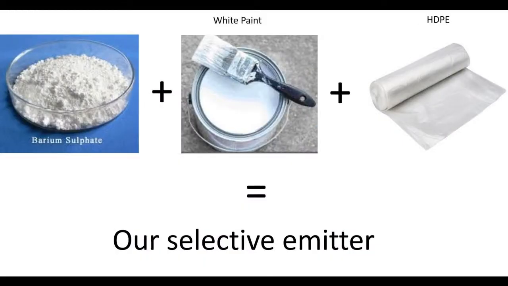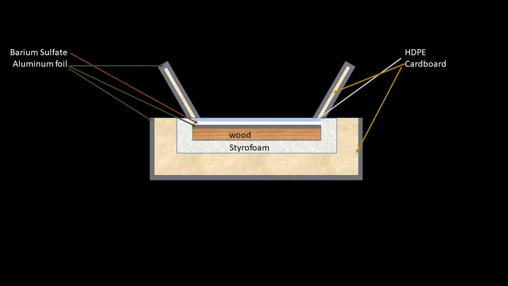We painted the lower side with our selective emitter, barium sulfite, mixed into an ordinary white paint. Our recipe is equal amounts of white paint and barium sulfite. We found barium sulfite to be a great selective emitter for our needs. We used 5 coats of this mixture and put it on a good isolator, wood.